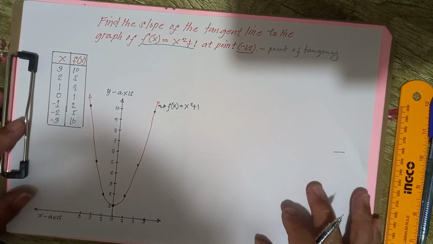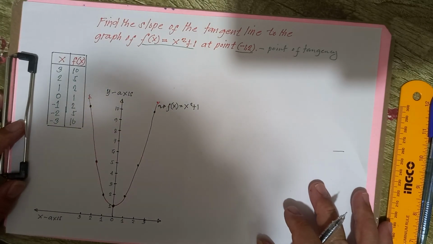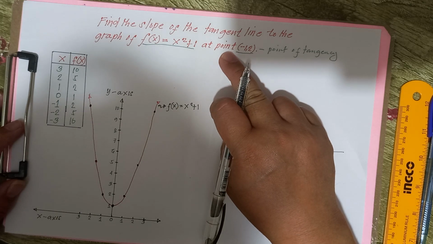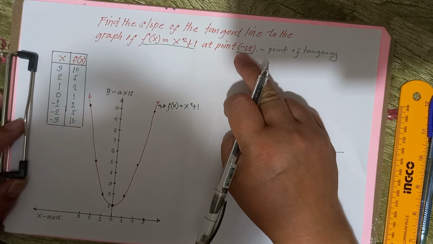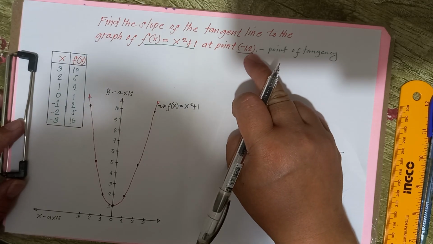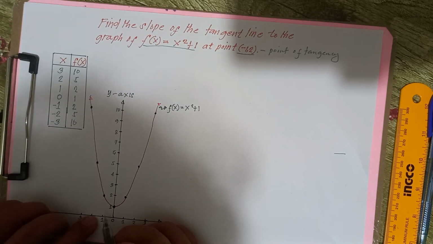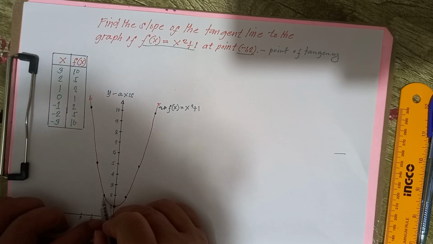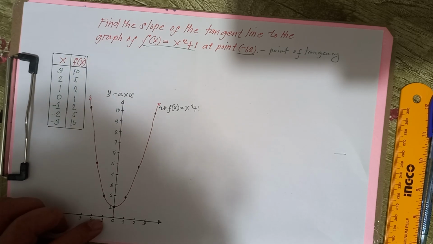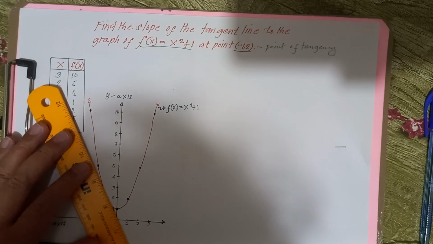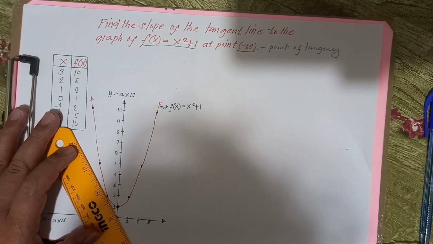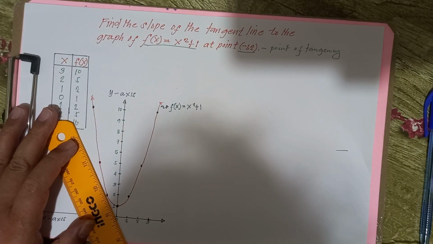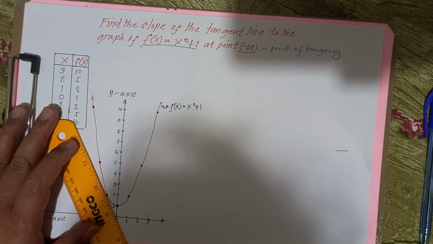Now it says in here, the point of tangency is defined by negative 1 and 2. Negative 1 is your x, and positive 2 is your y. So the point of tangency is actually in here.